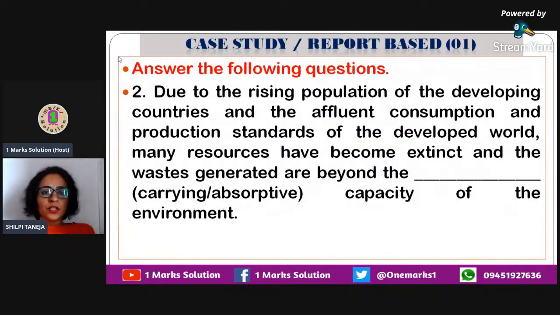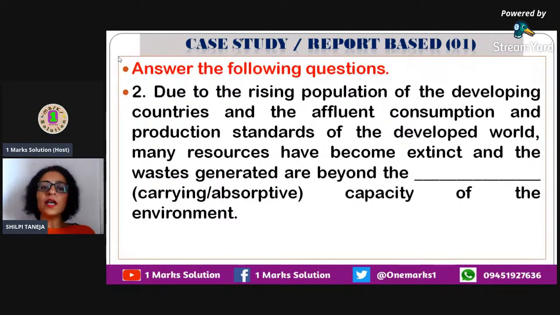Now, due to the rising population of developing countries and affluent consumption and production standards of the developed world, many resources have become extinct. True? And the waste generated is beyond the which capacity?